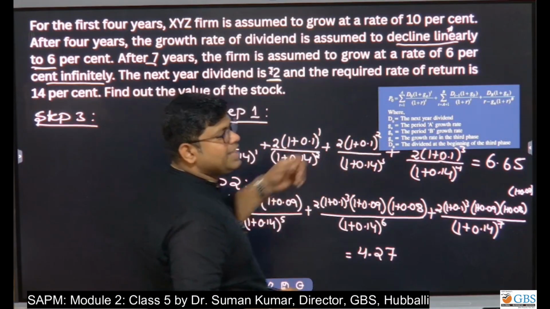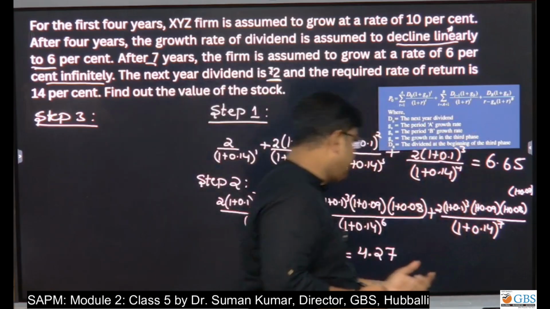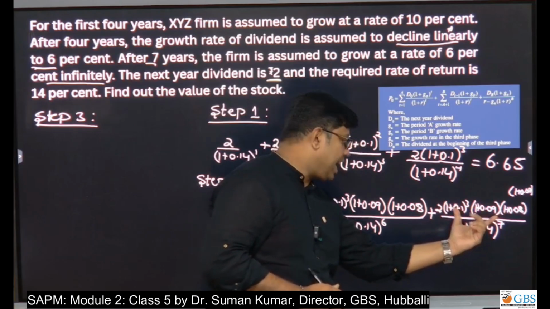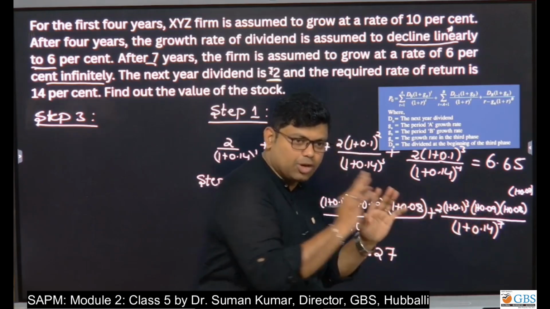Okay, now which dividend do we have to take? The last year dividend. The entire part we have to take. Either we can write down the entire part or directly the answer, no problem.